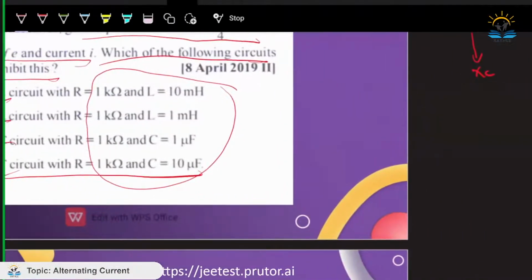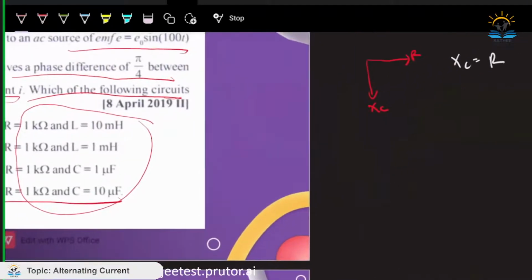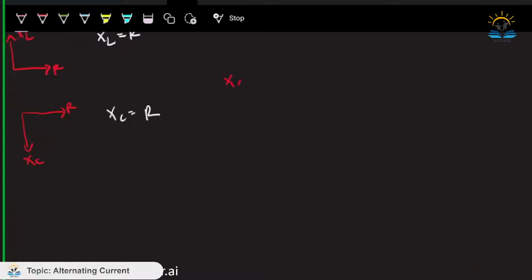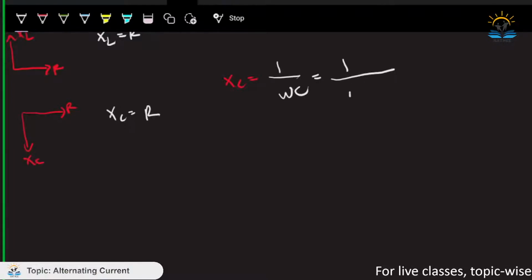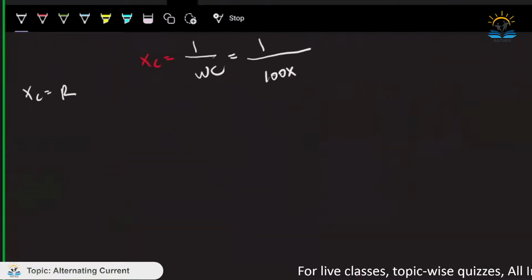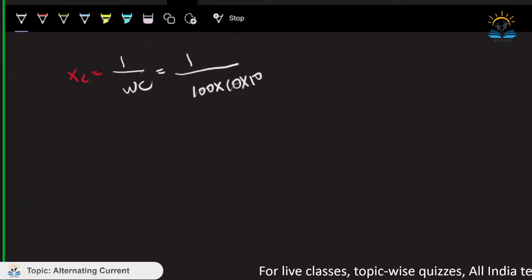Let me do the last option. The last option is R is 1 kilo ohm and C is 10 microfarad. So if we do that, XC is how much? 1 by omega C, where omega is given as 100, and C is 10 micro, which means 10 into 10 raised to minus 6.